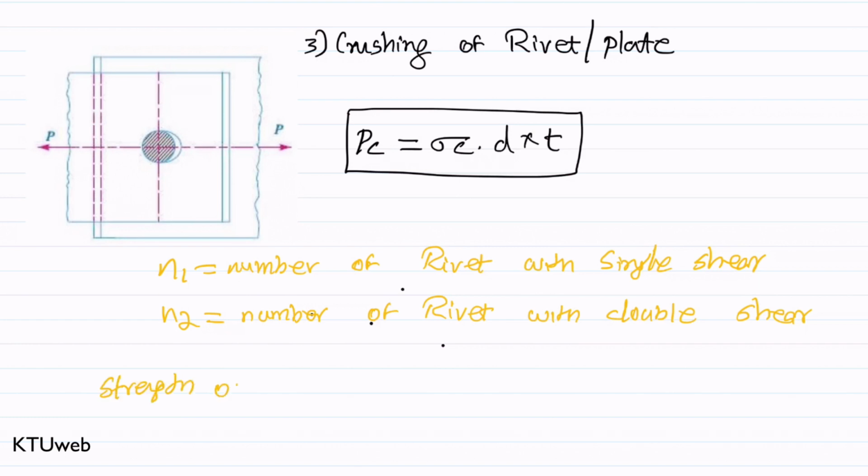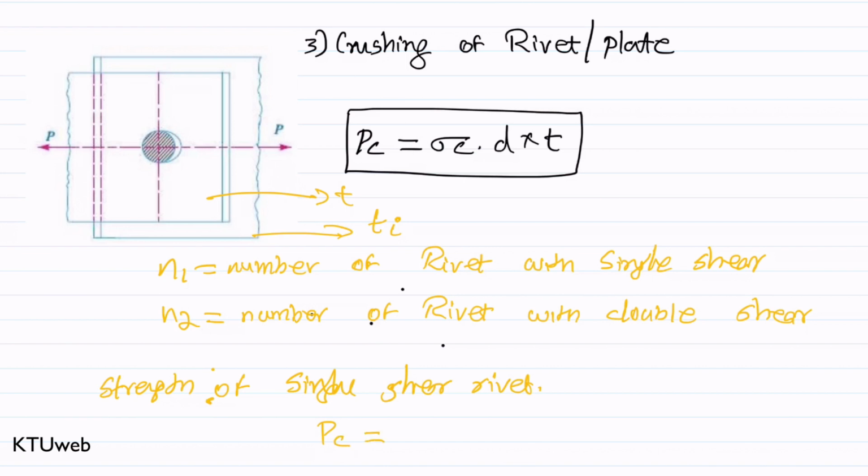Strength of single shear rivet. Here we have two kinds of plate, one master plate and one cover plate. For the master plate we will take a thickness as T. For the cover plate we will take thickness as Ti. So for single shear, you have to consider the cover plate.